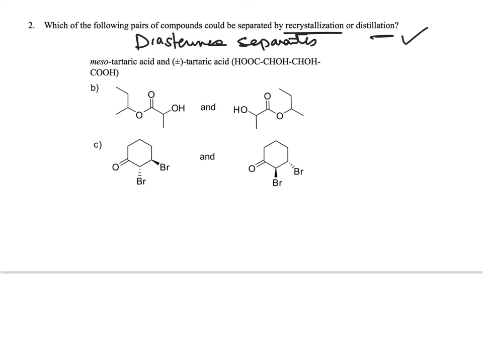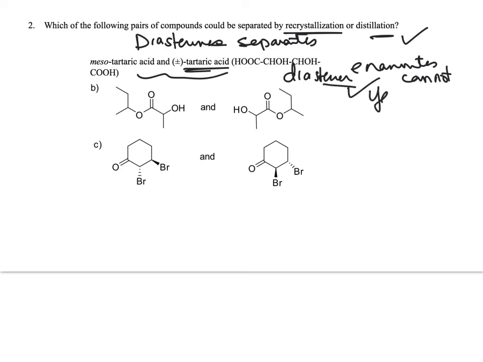Enantiomers cannot. So basically what you're asking yourself is to figure out what's the relationship here. A meso compound with a plus-minus would be diastereomers, and therefore they would be separable. So yes, these would be separable.